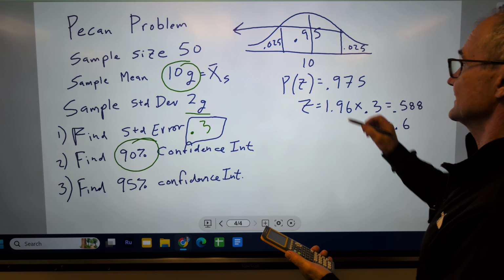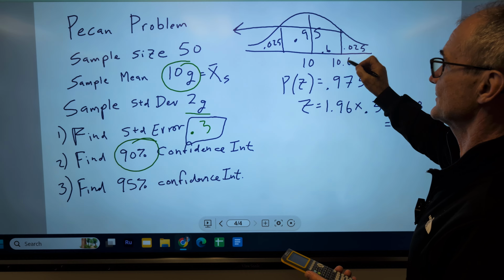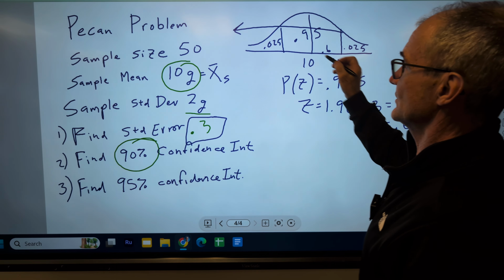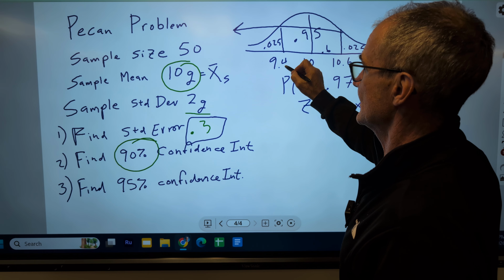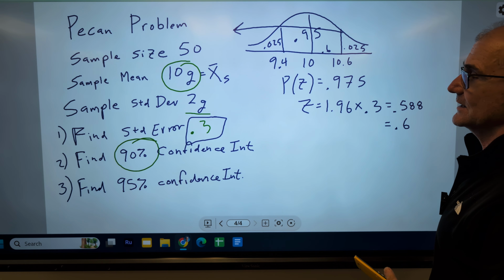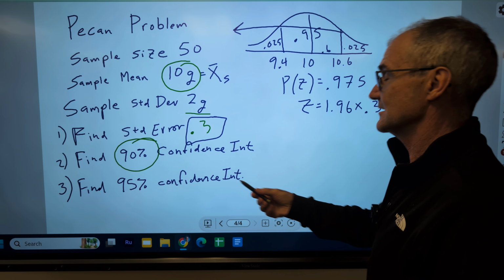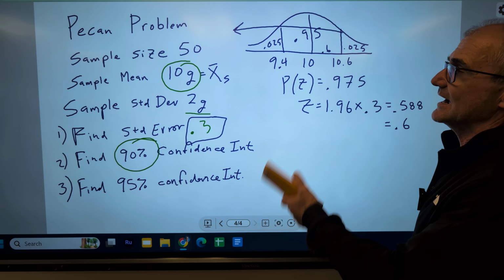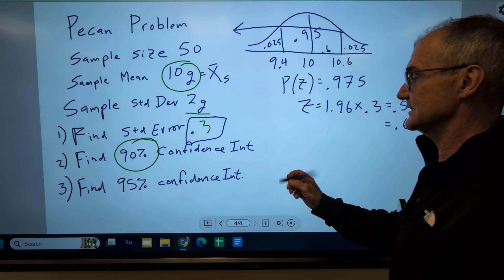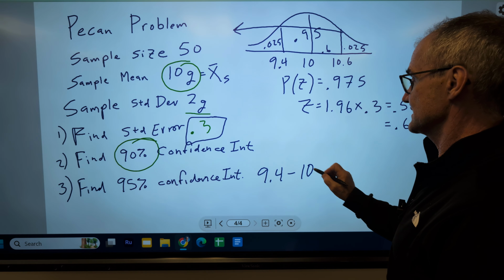And what I'm saying here is 0.6 units away from 10 will be the upper end of my bound. 0.6 away below will be the lower end of my bound. And I am saying with 95% confidence, my actual sample average weight will be between 9.4 and 10.6.